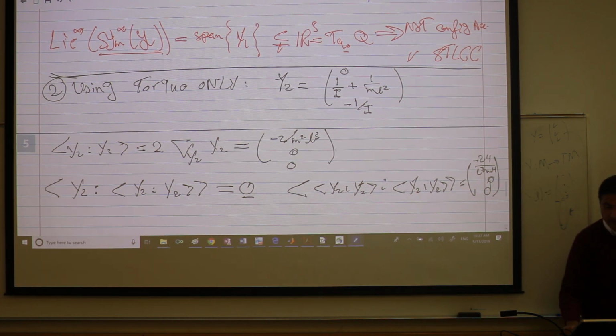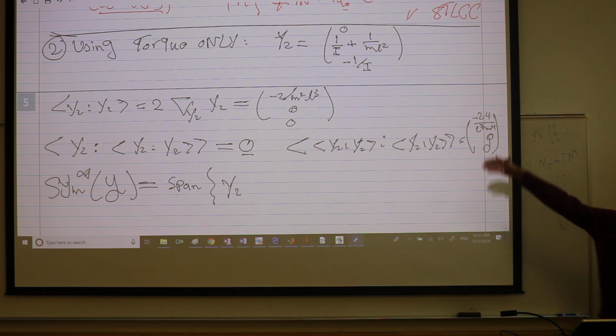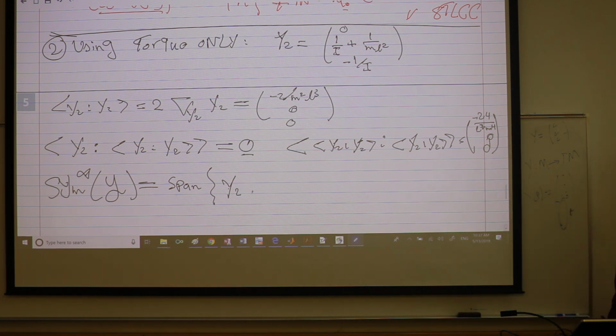So it's nothing new. So the Sym infinity, the accelerations that you can generate, is the span of y2, which covers one dimension in the tangent bundle, and this guy. And this covers just R2 at most, which is less than R3.